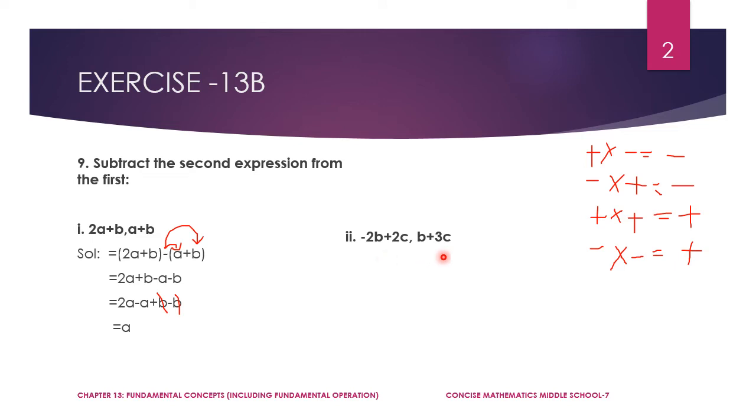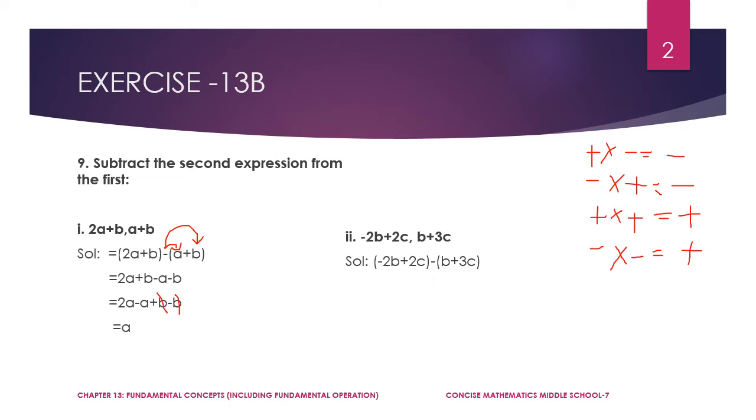Here also they have given two expressions. We have to subtract the second one, that is b plus 3c should be subtracted from minus 2b plus 2c. So our first step would be minus 2b plus 2c minus, put the second expression in a bracket because you need to multiply with this minus sign, b plus 3c.